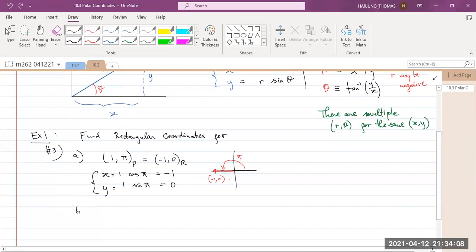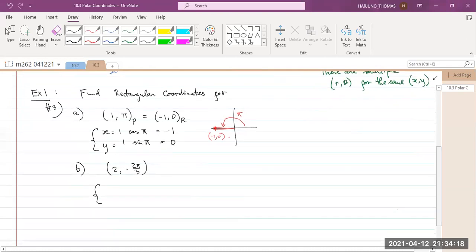Part B. 2 comma -2 pi over 3. X is 2 cosine -2 pi over 3. That's 2 times what? -1/2.